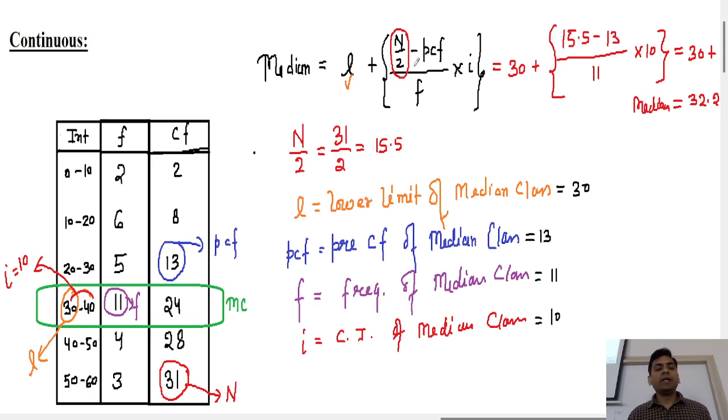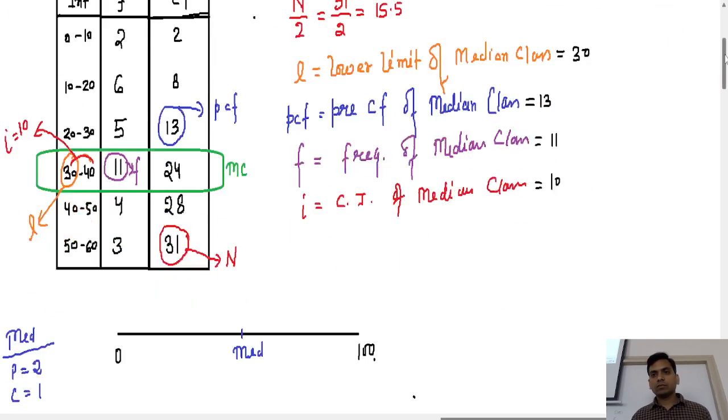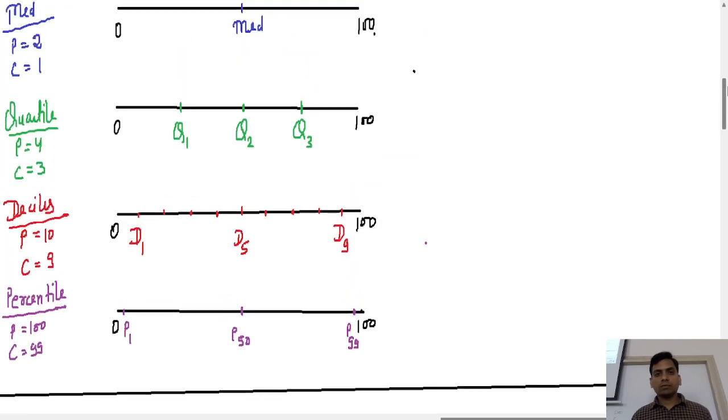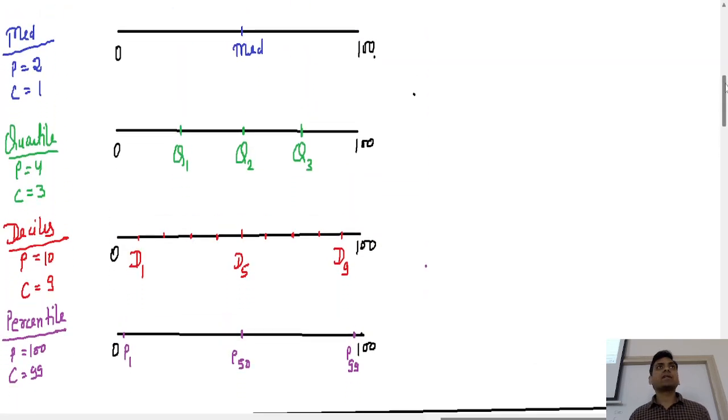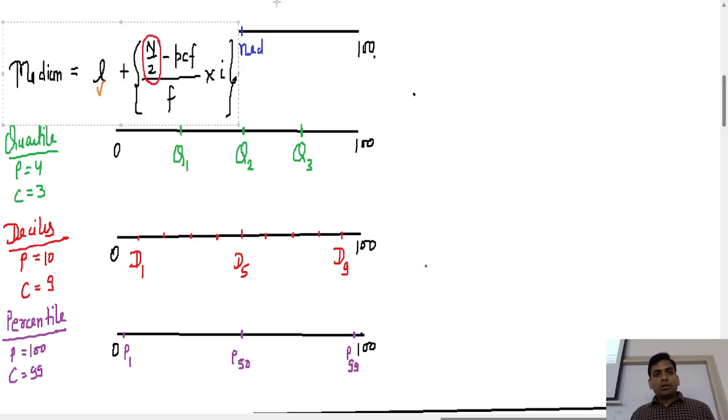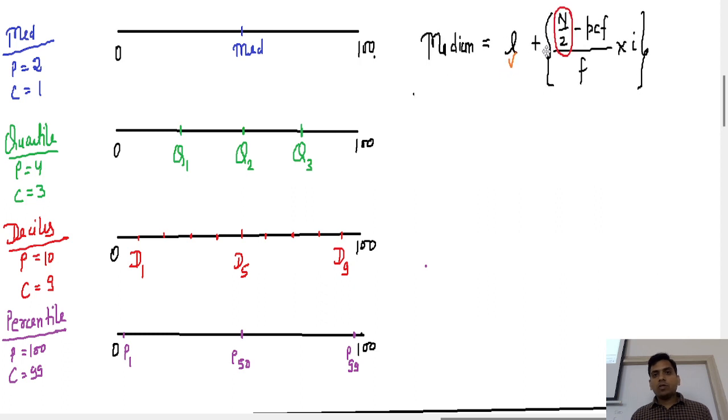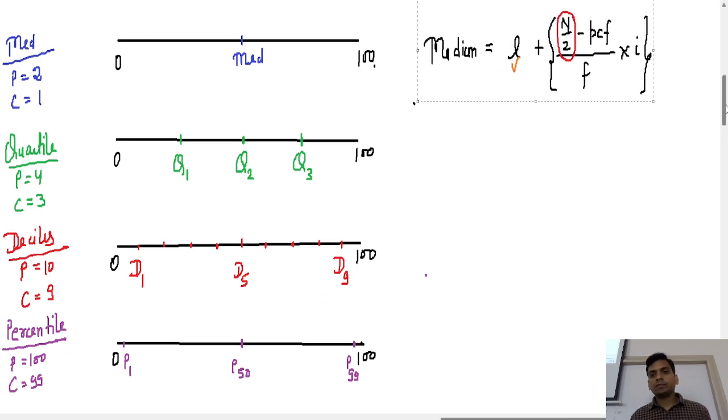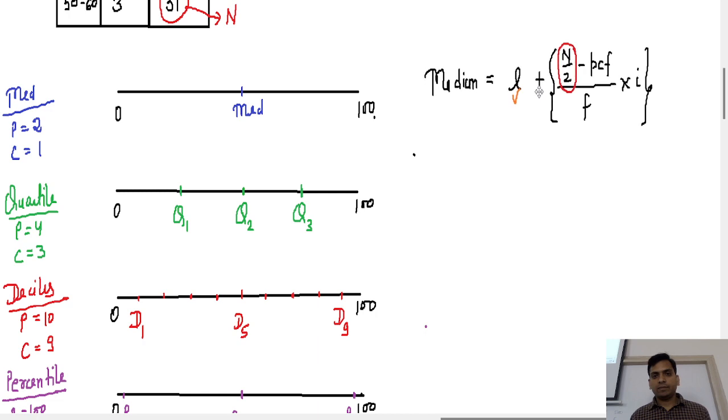The last case we studied was median. In case of median, this is n/2. So first we are studying these things in continuous data. This is the formula for median. The data is divided into two parts, that's why we are writing n/2.